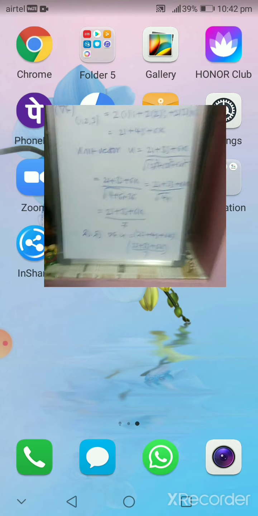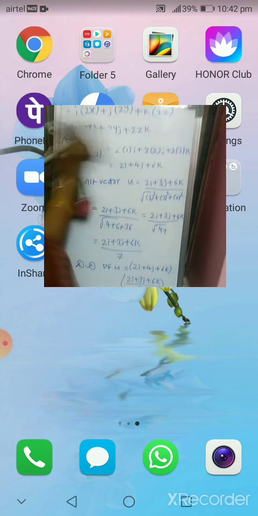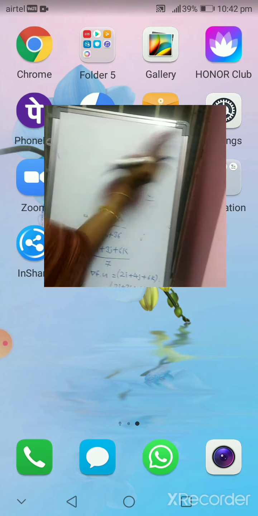This is u. In the dot product, i dot i, j dot j, k dot k is 1, and the remaining values are 0.